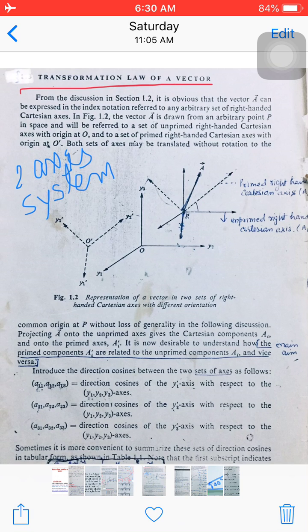So these are the three direction cosines of one axis with the other axes in three dimensions.